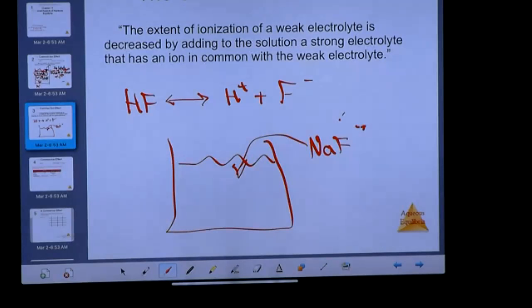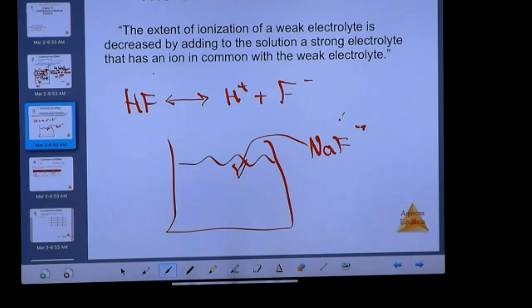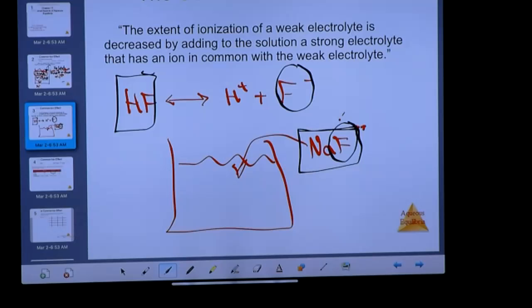So it says the extent of ionization of a weak electrolyte, so that's the HF, is decreased by the addition of a strong electrolyte, that's the NaF in this situation, that has an ion in common with the weak electrolyte. So there is that and that. That is the common ion effect. Less of this breaks apart because we already have a high concentration of this. That shifts it towards the equilibrium.